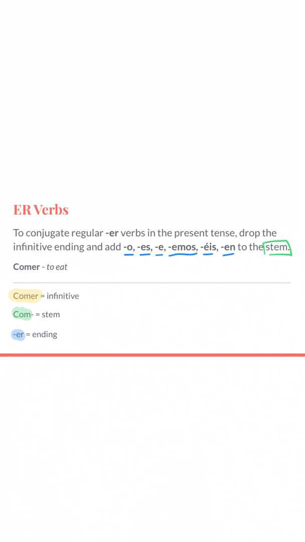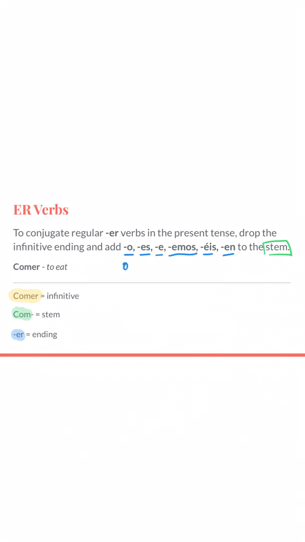Okay, so here we go. I want us to talk really quickly about what you notice similarity-wise between our ER verb endings and our AR verb endings. You may have already caught it. Think about that little song or melody that we had for our AR verb endings. Are you ready?